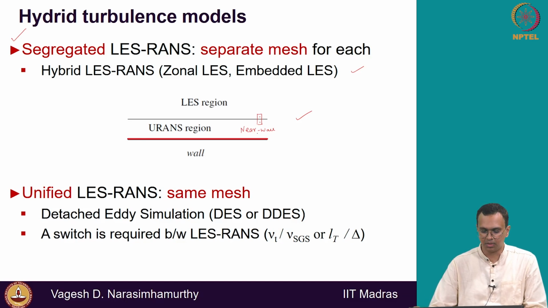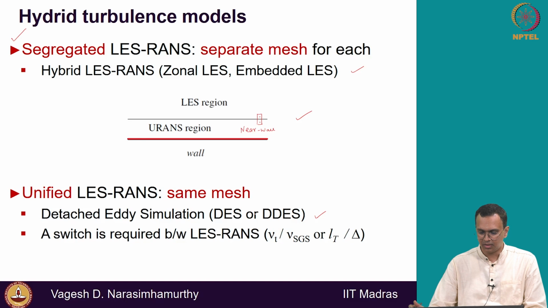That's a unified approach, and one popular technique is called detached eddy simulation, DES, which has become incredibly popular now. And this DDES is just a variation of DES. The DD refers to delayed detached eddy simulation.